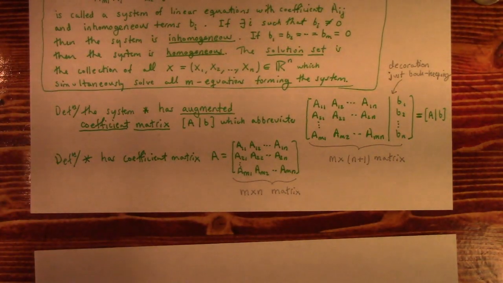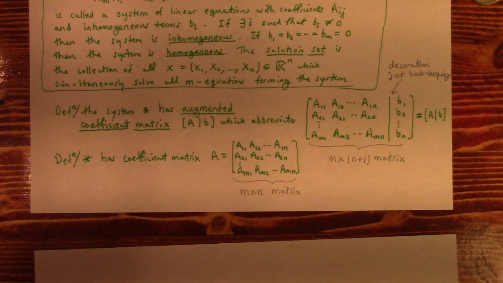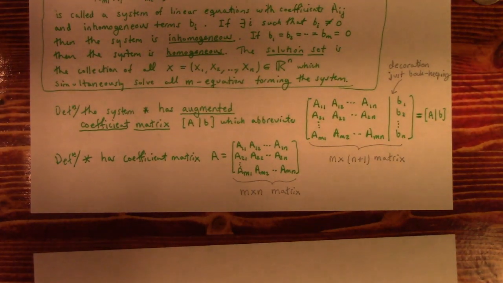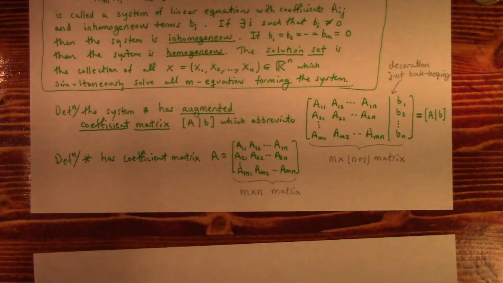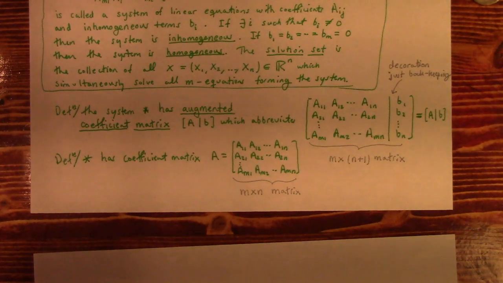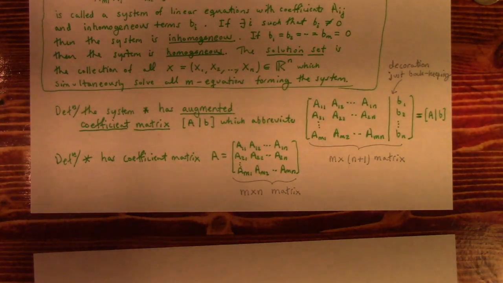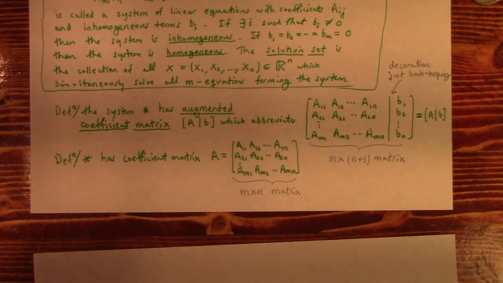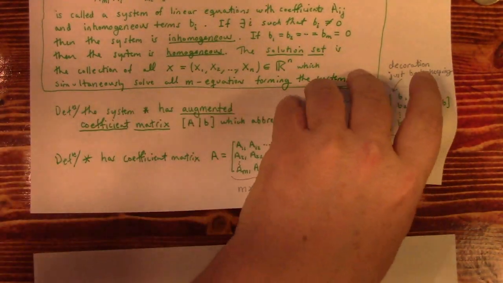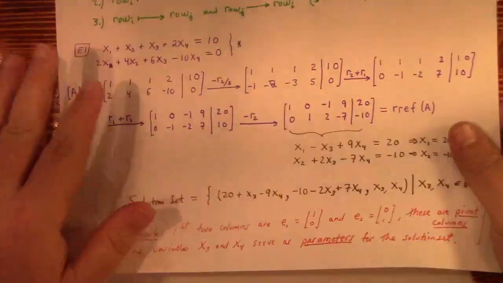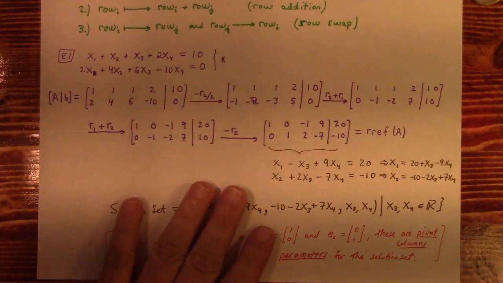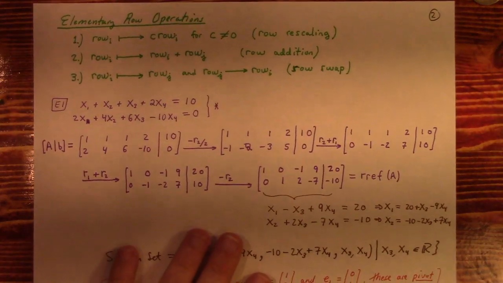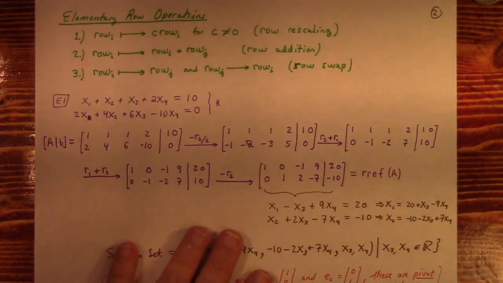Now, I started to tell you guys last time that there are different things we could do to a system of equations, and in so doing, not change the solution set. They'd be the same system. Let me just recap that. There are three elementary row operations, although truth be told, I don't always insist that we only use elementary row operations, but my notes define these as the elementary row operations.